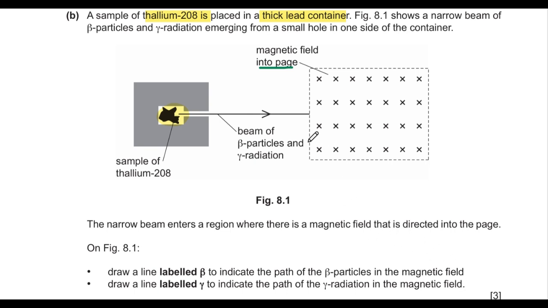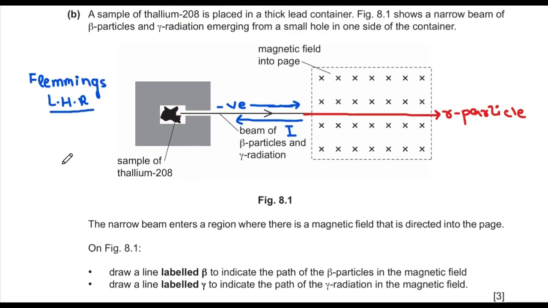So first thing first, as you know, gamma particles are chargeless, so they will not be affected by the magnetic field and they will travel straight through it. But the beta particles are negatively charged and as their direction of flow is towards right, that means current will be flowing opposite to the flow of negative charge. So the current would have this direction.